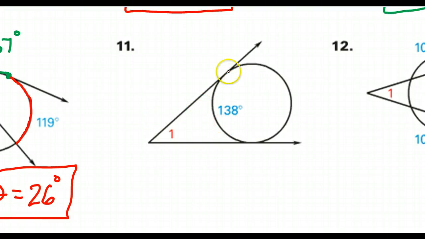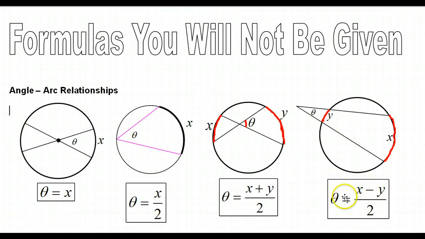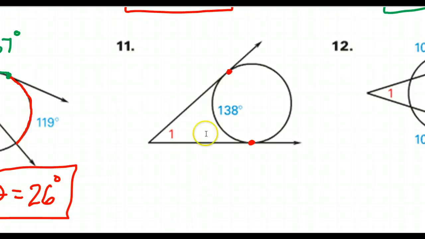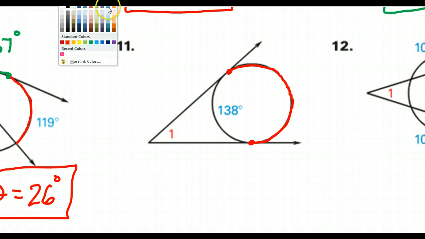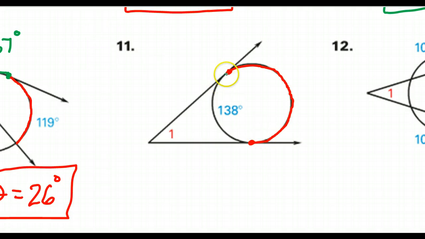Number 11 is similar to problems that we've just done. Again, this angle is outside the circle, so I'm still using this formula right here. The two arcs that I need are this arc here, this is the big arc, and I need this arc right here, this is my small arc. Okay, I have the small arc.